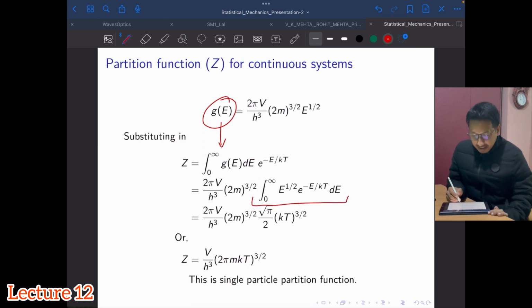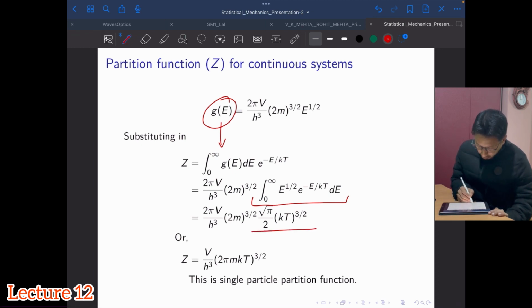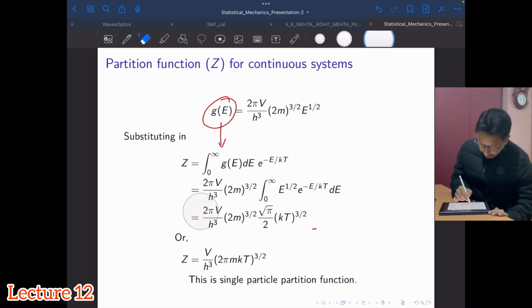Now using standard integration, which I have discussed in one of the earlier videos, substitute that standard formula of integration, then you will remain with this, and here this 2 will get cancelled. And then you can take out the square root of pi, that can be taken out.